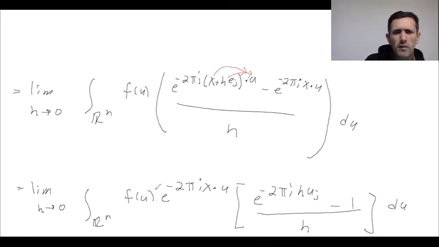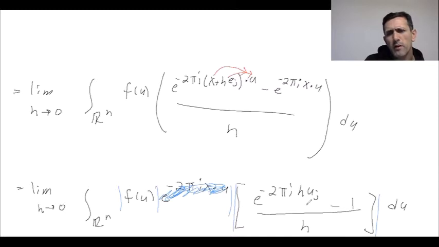Okay, so for getting a dominator, we just smash in absolute values. So the absolute value of e to the minus 2 pi i x dot u is just 1, x and u are real, so this just equals 1. So it's the absolute value of f of u times the absolute value of this whole thing here.